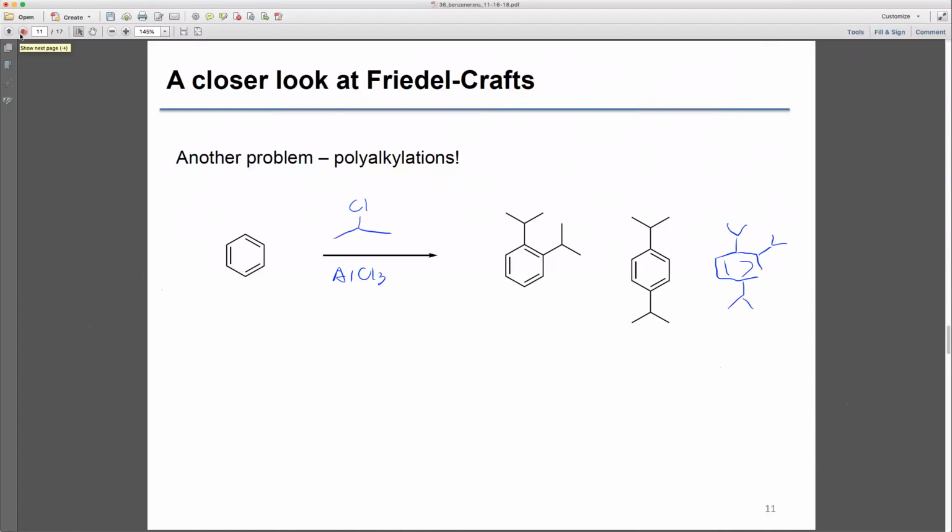The size will have some rate determining aspect to it. But what could you use to explain the fact that after it adds once, we can't stop it from adding again? How could we explain that?